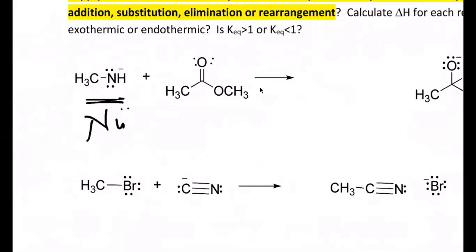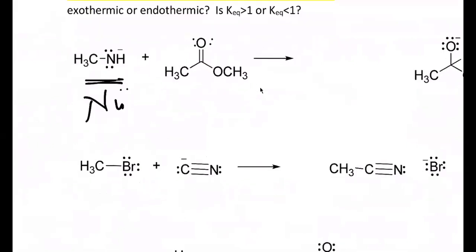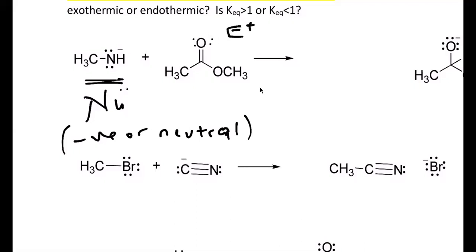So your nucleophile can be negative or it can be neutral. But a negative nucleophile is more reactive than a neutral nucleophile. So that's my nucleophile. By default, this becomes my electrophile.